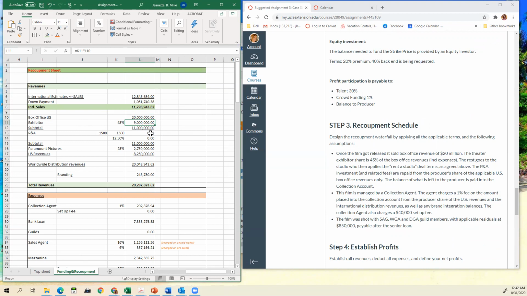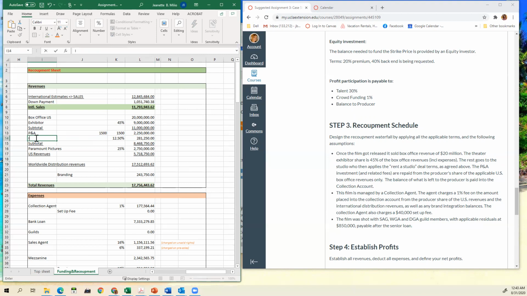So now we're looking at how much money do we have to pay back to the P&A investor. And the P&A investor is giving us $1,500 per screen, and we have 1,500 screens. So the P&A investment amount would be 1,500 times 1,500. There we go. The interest, I should write that in here.